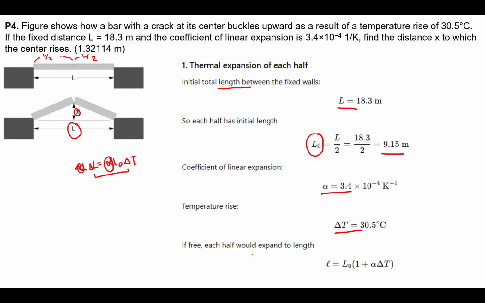If it is free, each half would expand to a length like this. Okay, note that L0 alpha delta T is delta L. So that means L0 plus delta L. This is how much length is added by thermal expansion.